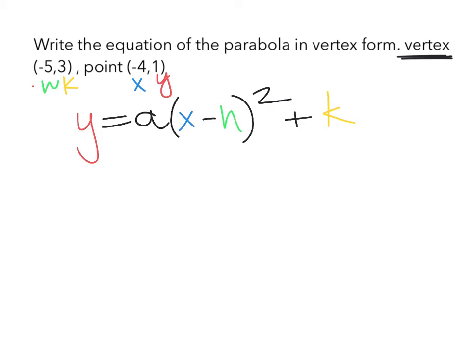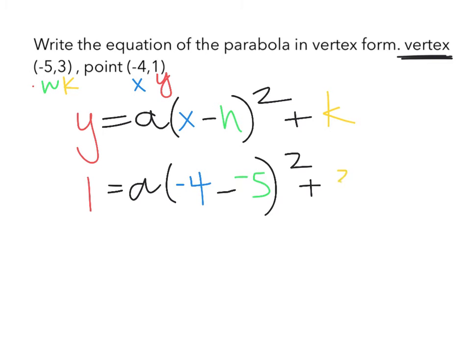So I'm going to start with Y. Y is 1. That equals A that I don't know, times X, which is negative 4, minus H, which is negative 5, squared, plus K, which is 3. Now, you may or may not know how to do negative 4 minus negative 5 quantity squared, so I highly suggest you use a calculator to calculate that if you're not sure.